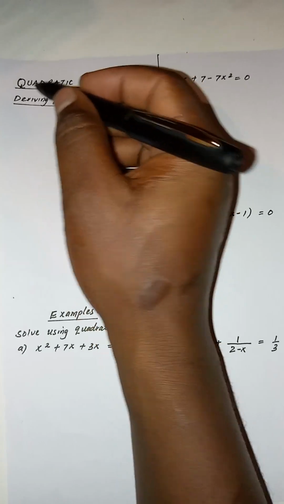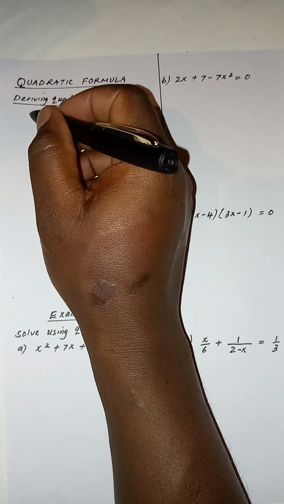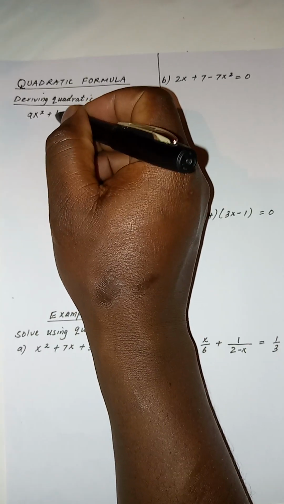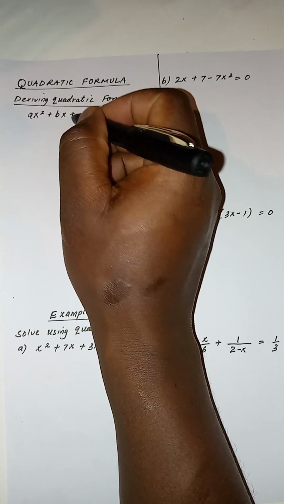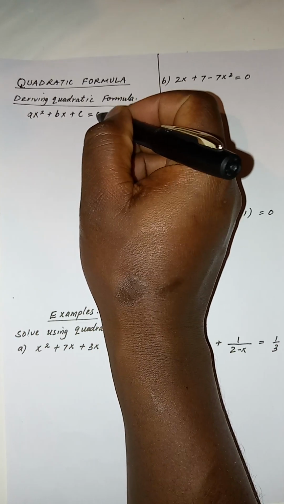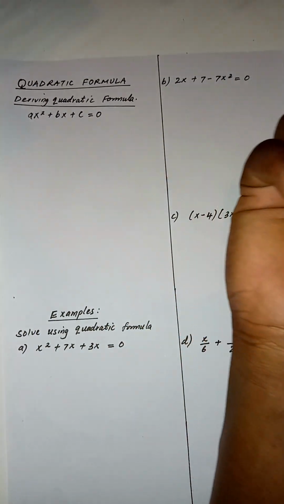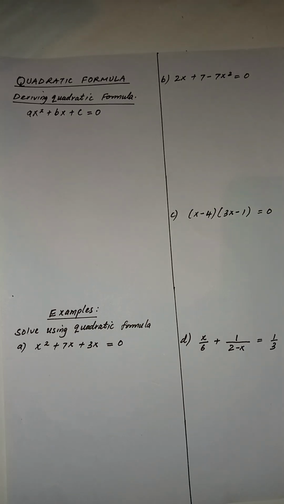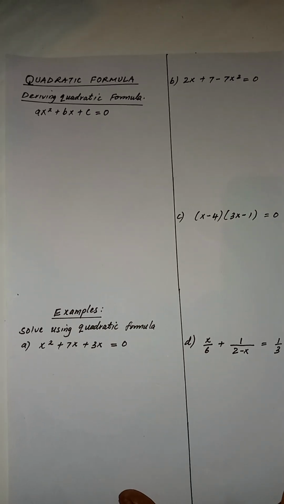The general equation of a quadratic equation is given by ax squared plus bx plus c is equal to 0. So that is the general equation of a quadratic equation.